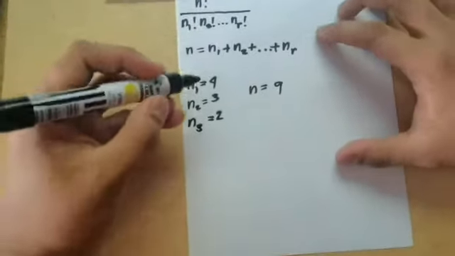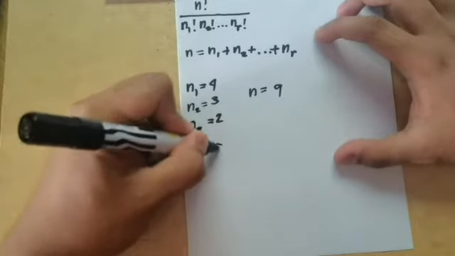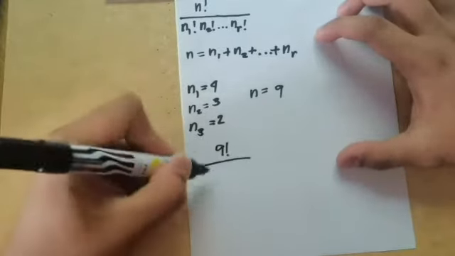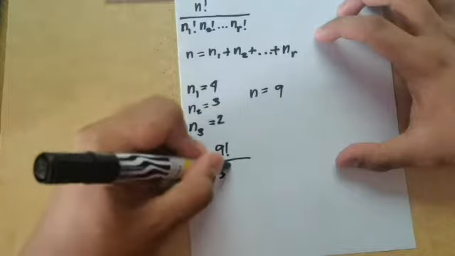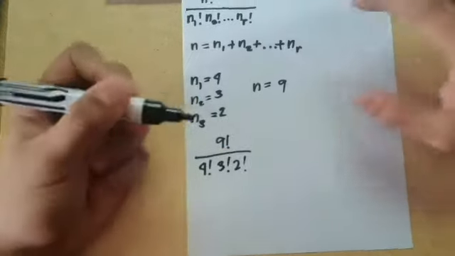So using the formula, 9 factorial over 4 factorial times 3 factorial times 2 factorial.